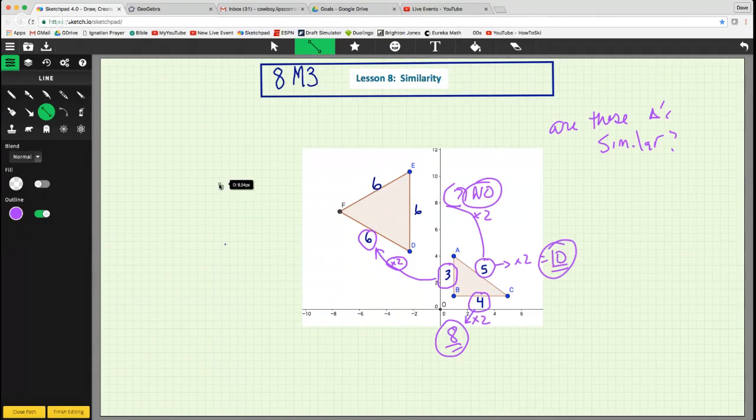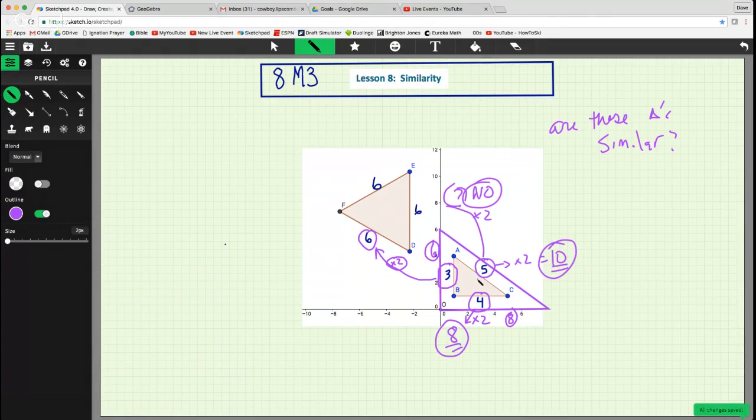Well, let's just do it over here just a second. I'd have to have a triangle like this one to be similar to that one. Because in this case, this side would be 6. This side is 8.